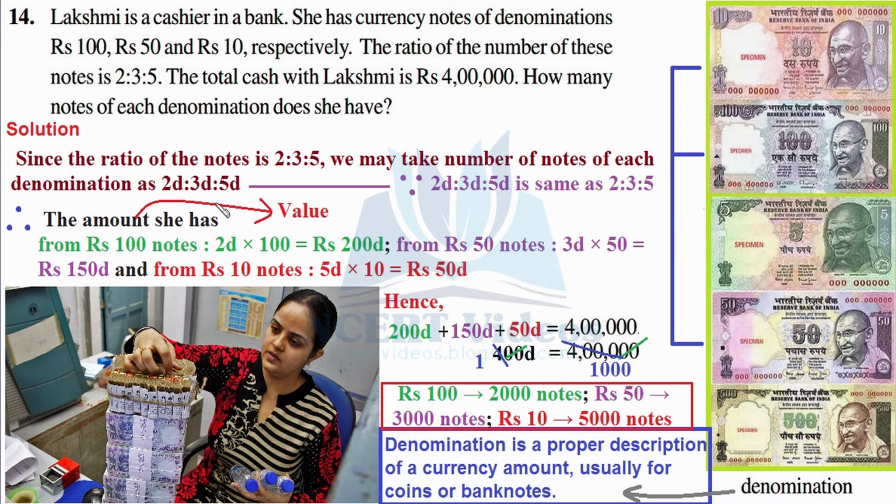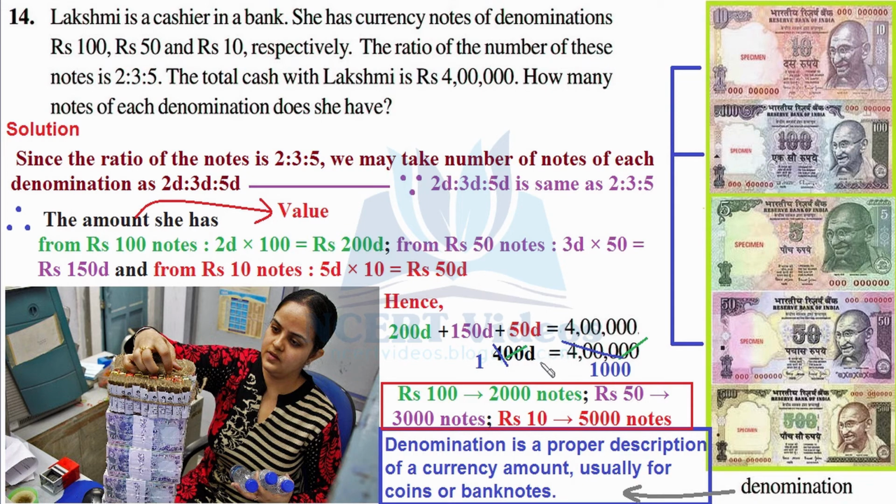Now we solve it. 200 plus 150 plus 50 is 400, so we can add them up easily, and D. That equals 4 lakh. Cancelling two zeros on both sides, 400D equals 4 followed by 3 zeros, so 4D cancels with 4 and we are left with zeros.